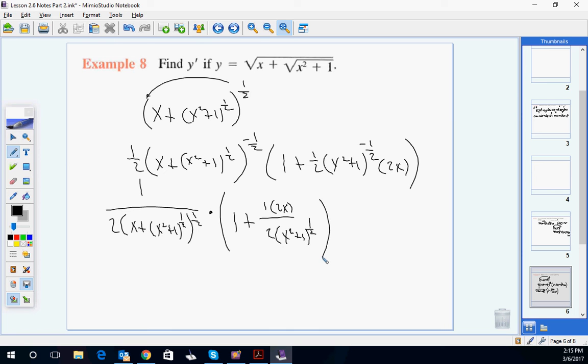Okay, I'm probably going to need a second page for this one. But what we have to do now is we want to get everything, like we don't like the 1 here. So we want to go ahead and get this 1 to be similar to this guy. So we're just going to have a common denominator. So it would look like this next, and then I'll probably have to go to the next page.